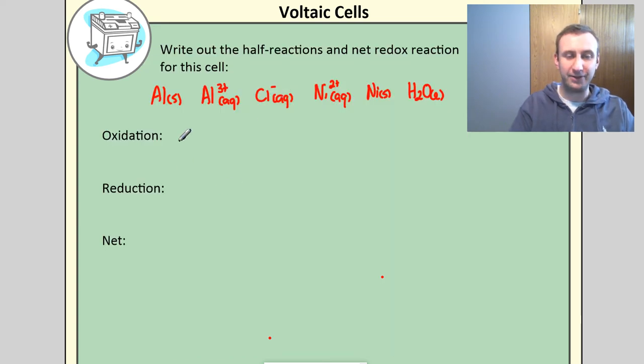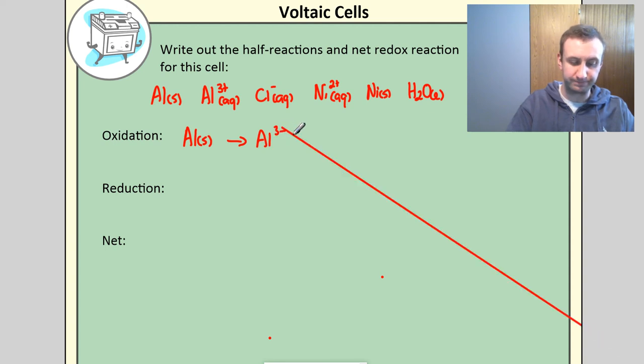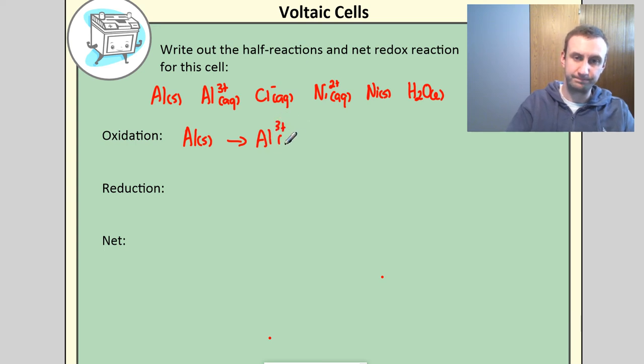So going back to this, my oxidation is Al solid reacts to form Al3 positive aqueous and 3 electrons.